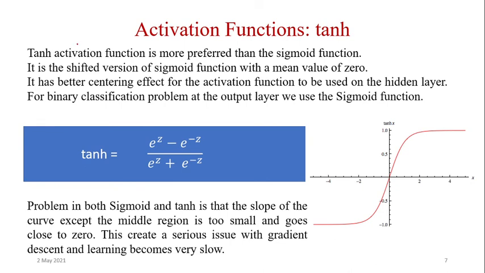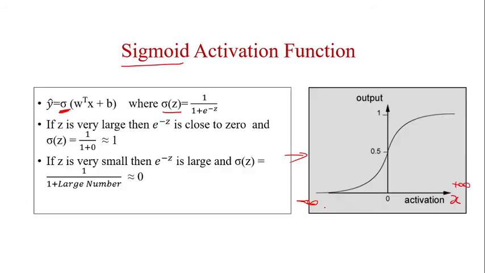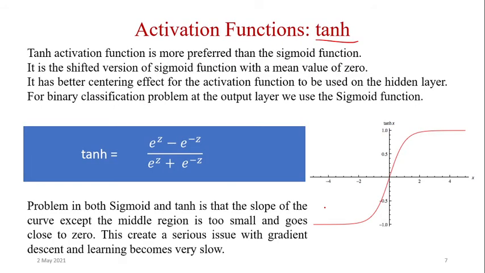Similarly, we have another activation function, that is tan h. You can say the nature of sigmoid and the nature of tan h is almost the same. The major difference between them is that sigmoid is centered at 0.5, but tan h is centered at 0.